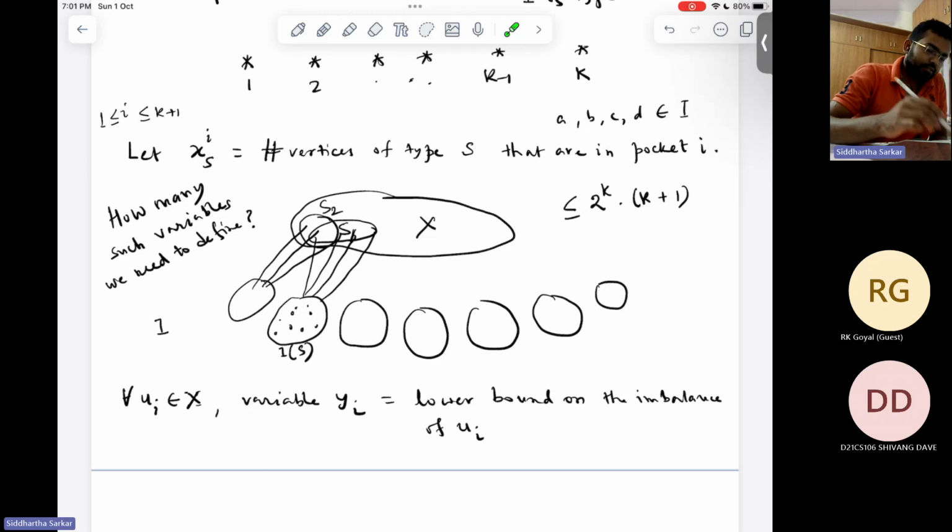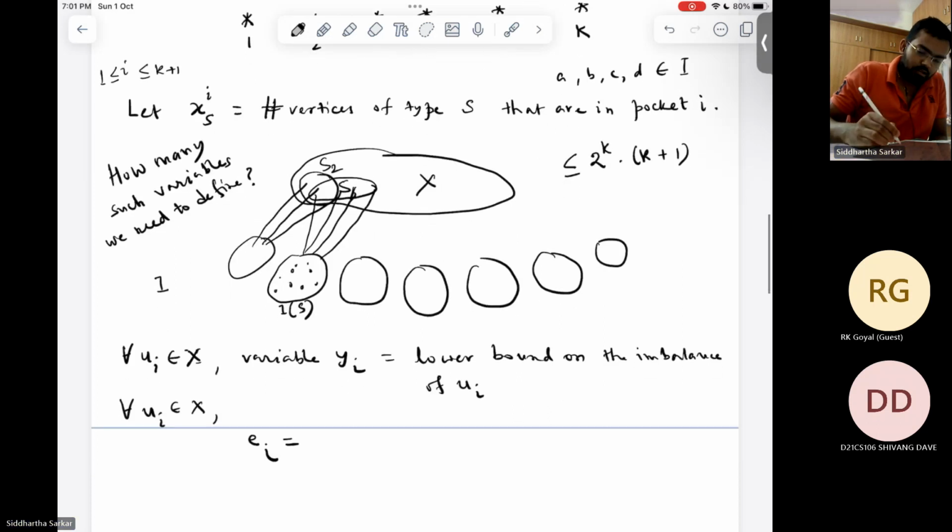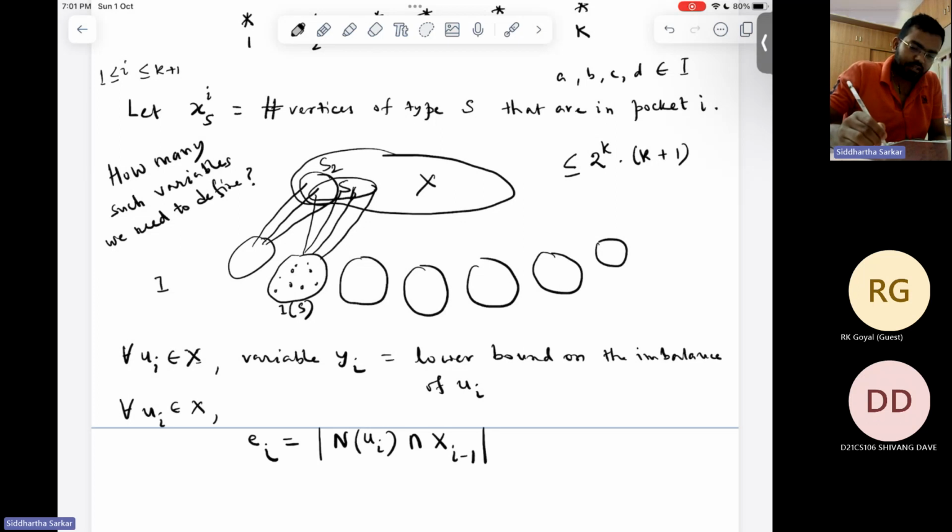For every vertex u_i in the vertex cover, we are going to define e_i. So e_i is the number of vertices in the neighborhood of u_i that are lying to the left of u_i in the ordering of the vertices that we have already fixed in the vertex cover, minus the number of neighbors of u_i to the right.